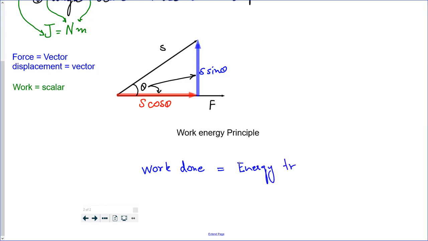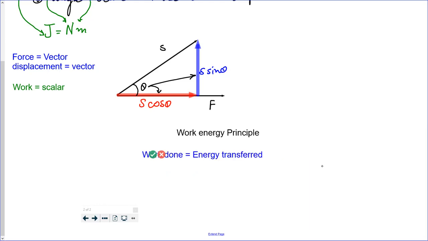If there is work done, there is energy transferred. And it goes both ways. It's not just one way. If work done is equal to energy transferred, then it means energy transferred is equal to work done. It's a cyclic statement, and it's a principle. It's always applicable.